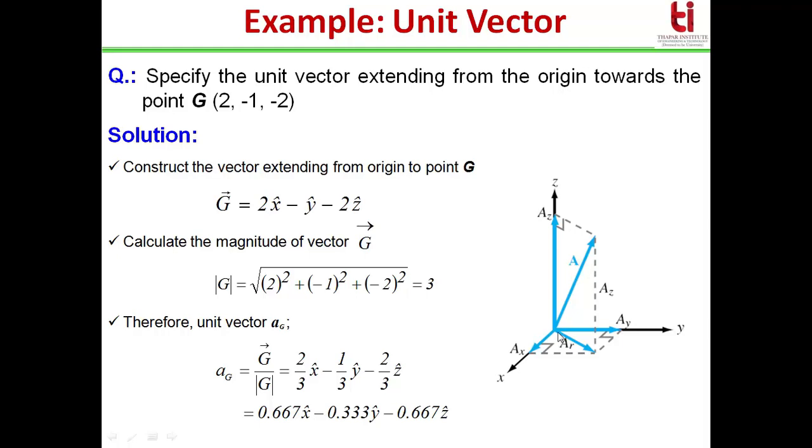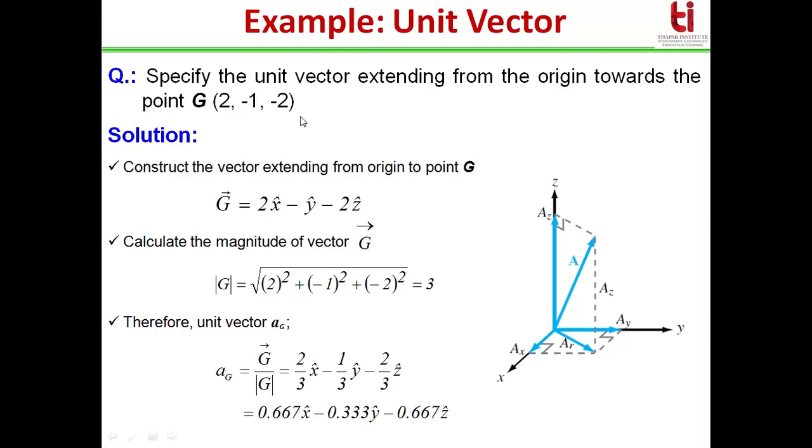Look at the given coordinate points of G, that is 2, -1, -2. So write the coordinates with their direction and we get vector G equal to 2x cap minus y cap minus 2z cap, as we have the coordinates 2, -1 and -2.